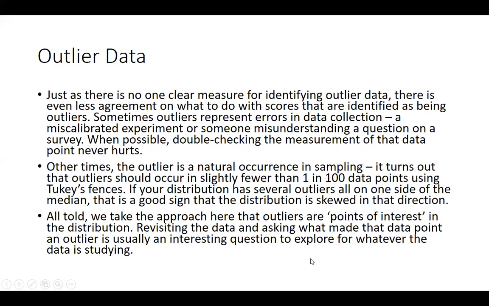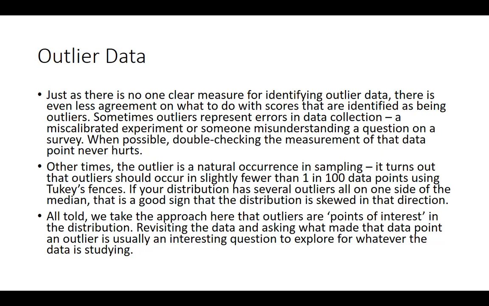Just as there is no one clear measure for identifying outlier data, there is even less agreement on what to do with scores that are identified as being outliers. Sometimes outliers represent errors in data collection, a miscalibrated experiment, or someone misunderstanding a question on a survey. When possible, double-checking the measurement of that data point never hurts.